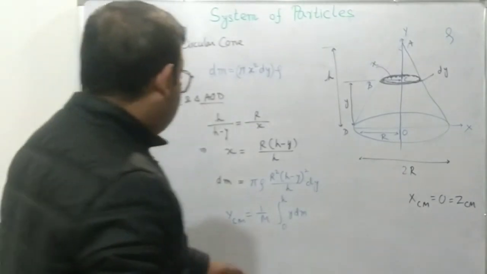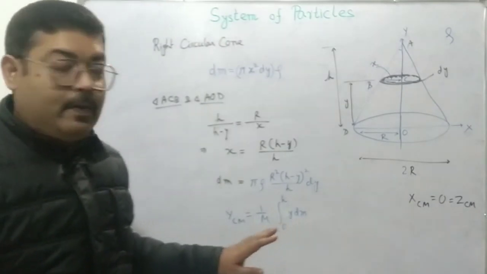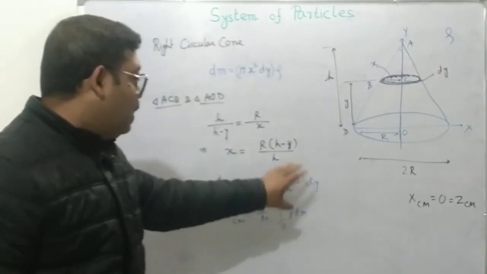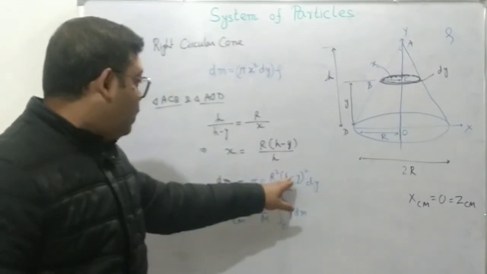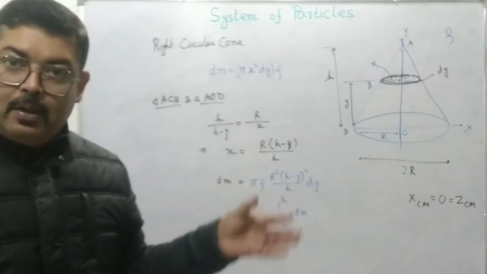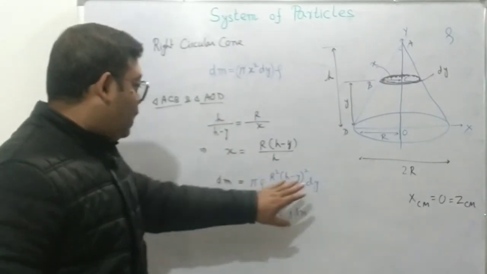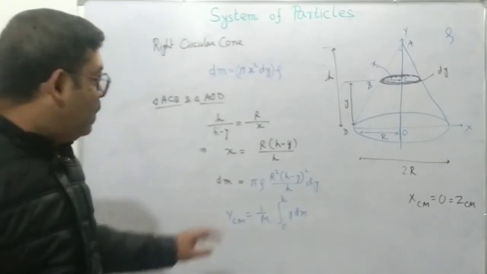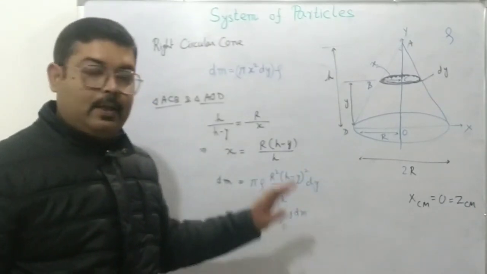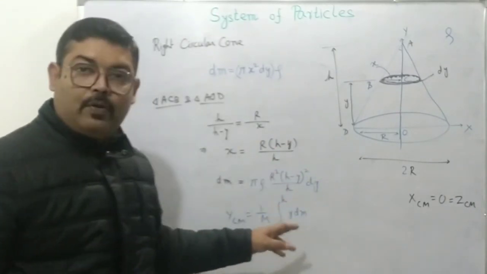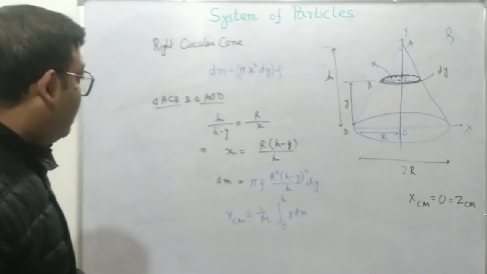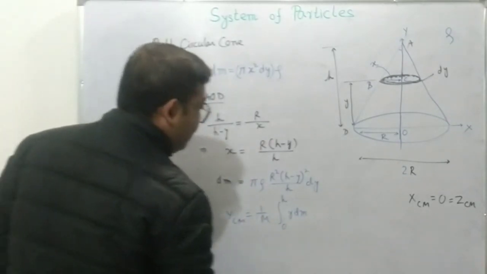If you solve this, I am not going to solve this equation. You substitute the value here, do the calculation, open up the (H minus y) whole square formula. Whatever constants can be taken out, first take them out, then open up the whole square formula, then integrate it, substitute the value of H, and please remember what the mass M will be.